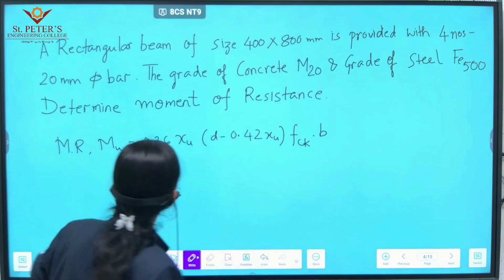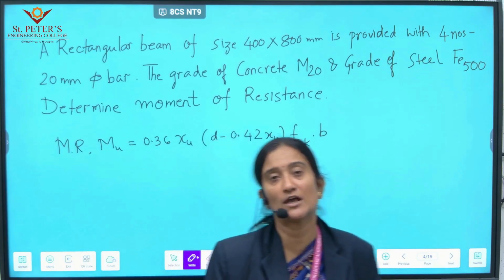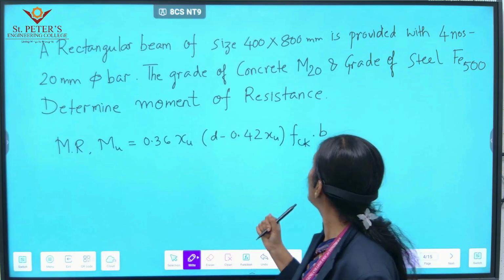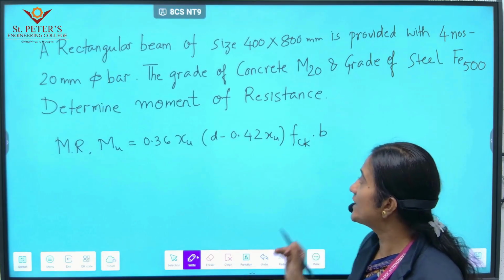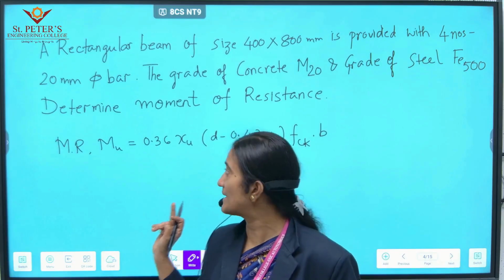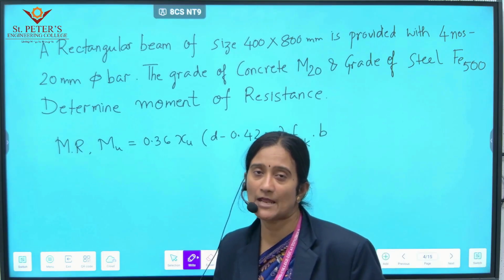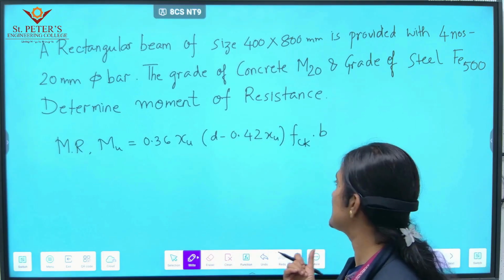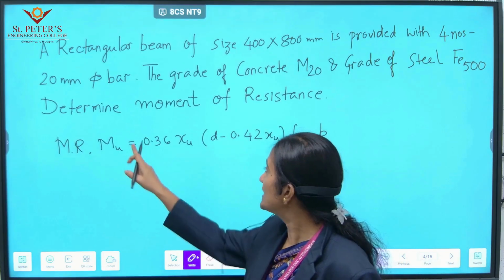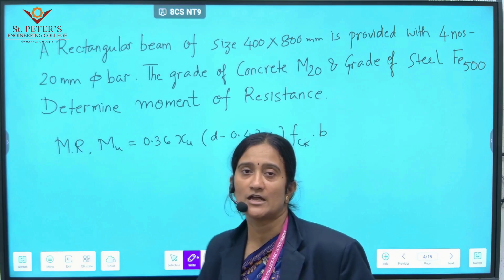Now let us do a small problem. Let us consider a rectangular beam of 400 mm by 800 mm provided with 4 numbers of 20 mm dia bars. The grade of concrete is M20, and the grade of steel is given as 500. Now determine the moment of resistance.